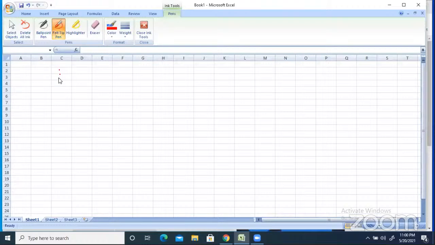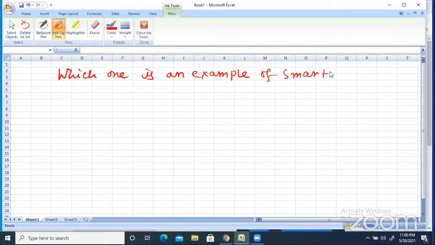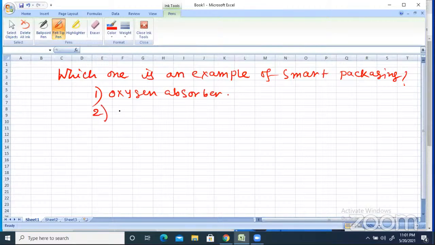Which one is an example of smart packaging? Oxygen absorber. Time temperature indicator.